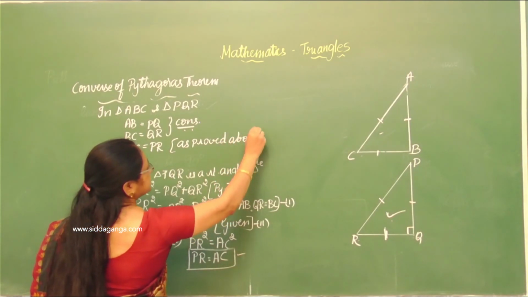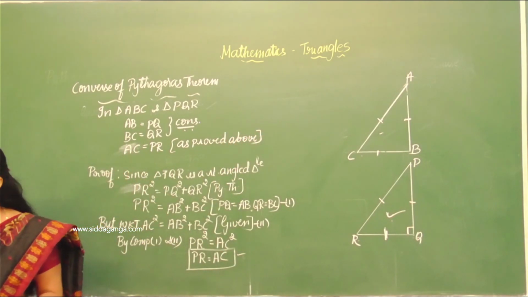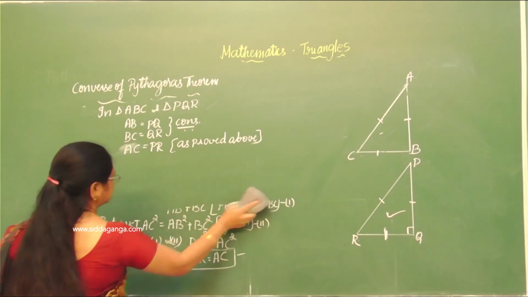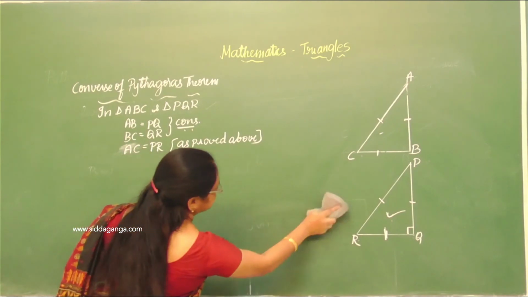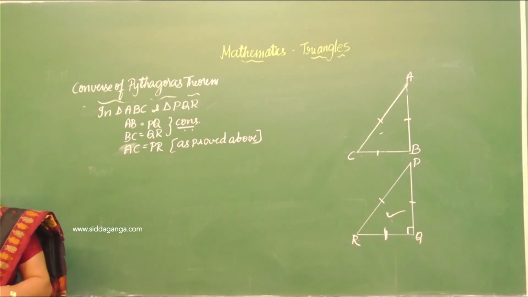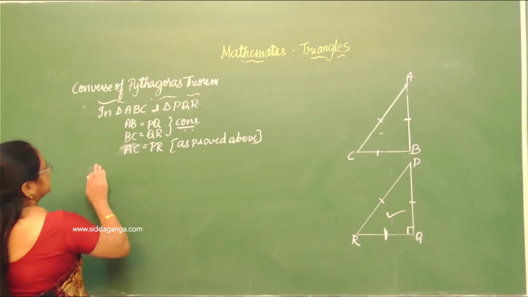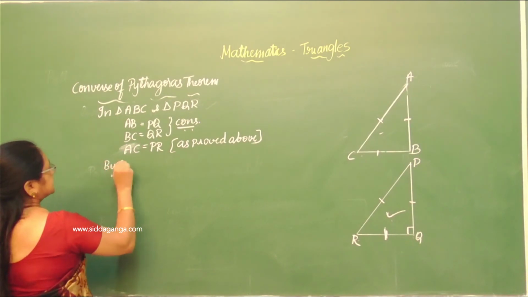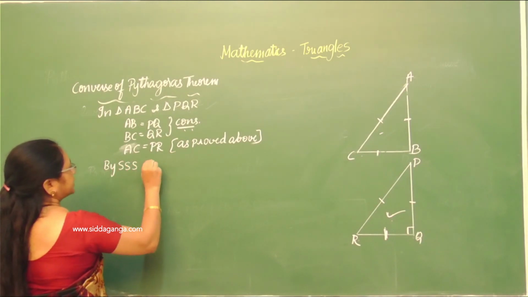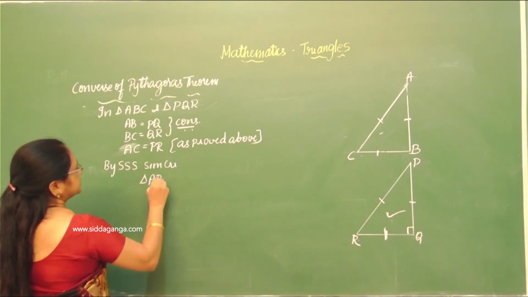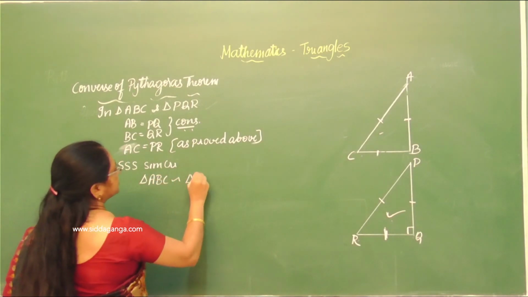So, can I say that the two triangles are similar? I hope you understood this. It's very easy and interesting, these theorems. Then, by SSS similarity criteria, triangle ABC is similar to triangle PQR.